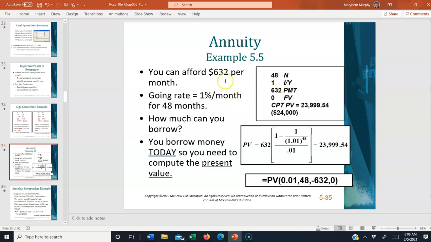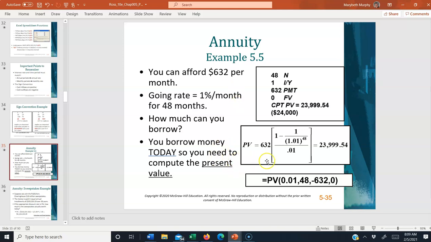It's given to us in the same form that the payment is going to be made in. The payment is 632, the future value is 0. Compute the present value, that's $23,999.54, or $24,000 if we round it. So let's say we're using this to buy a car. We could buy a $24,000 car if we're willing to make $632 a month car payments. Expensive.